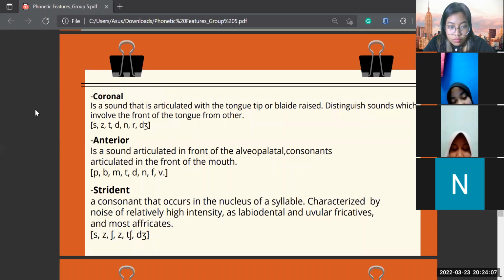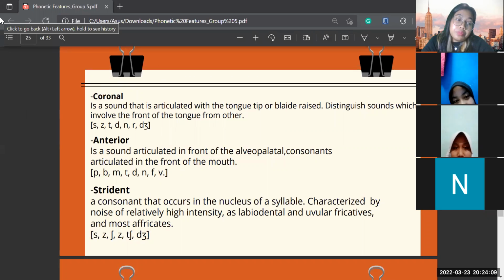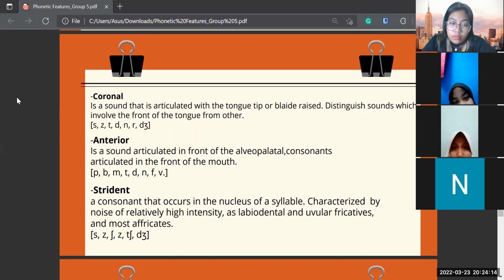Next, please. The next is coronal. A coronal is a sound that is articulated with the tongue tip or blade raised. It distinguishes sounds which involve the front of the tongue from others. For example, S, Z, T, D, N, R, and L. The next is anterior, a sound articulated in front of the alveopalatal region, consonants articulated in the front of the mouth.